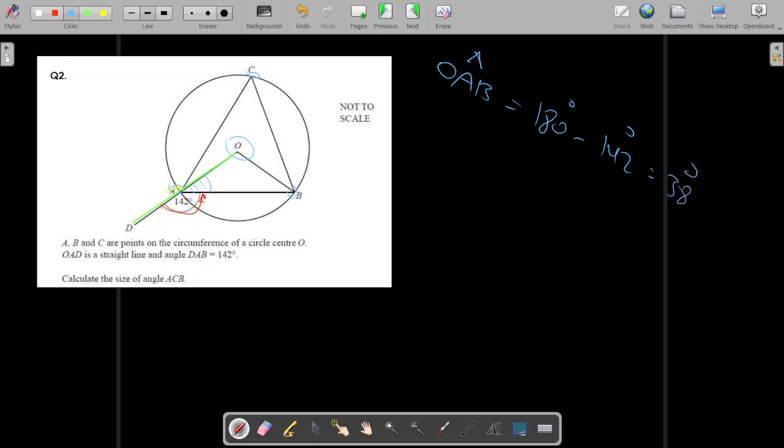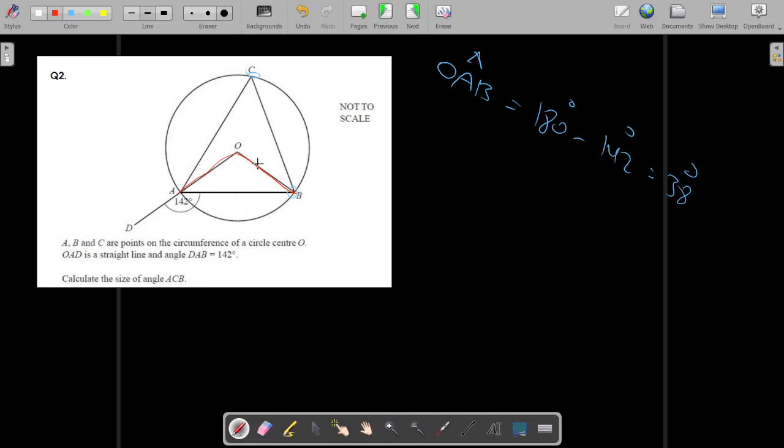And this angle here, I need to erase a few things to make sure that you understand what I'm talking about. This is representing a radius. It comes from the center and meets the point. This is a radius, and this is also a radius.